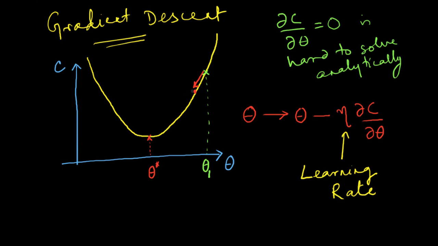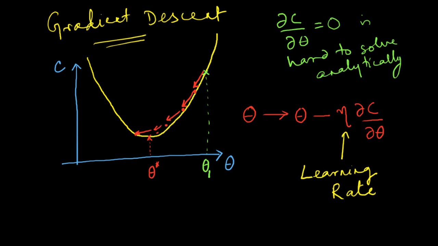Then again you take a derivative, and again you move slightly down, and so on, so forth till you come here. But there will be some oscillation, you will never exactly come to theta star. So when you cross theta star and come here, your gradient will become negative, which means it is in the negative theta direction. So you need to move in the opposite direction.